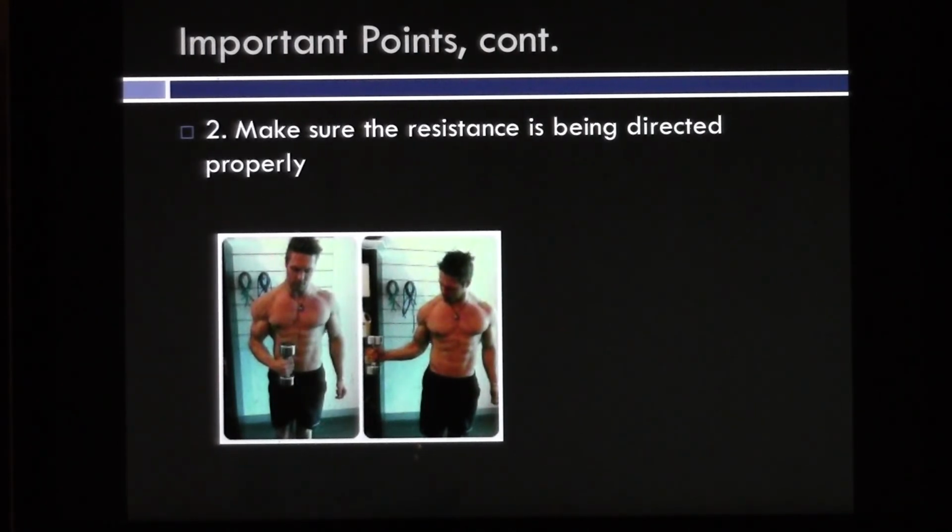So if you do an isometric, something like a wall sit, you'll get your leg muscles nice and strong right in that exact position, so right at that muscle length. So a lot of catchers in baseball or softball will do tons of wall sits, but unfortunately they're usually told, make sure that your hips and your knees are right at 90 degrees, and then you just sit against the wall and hold it there in that position.